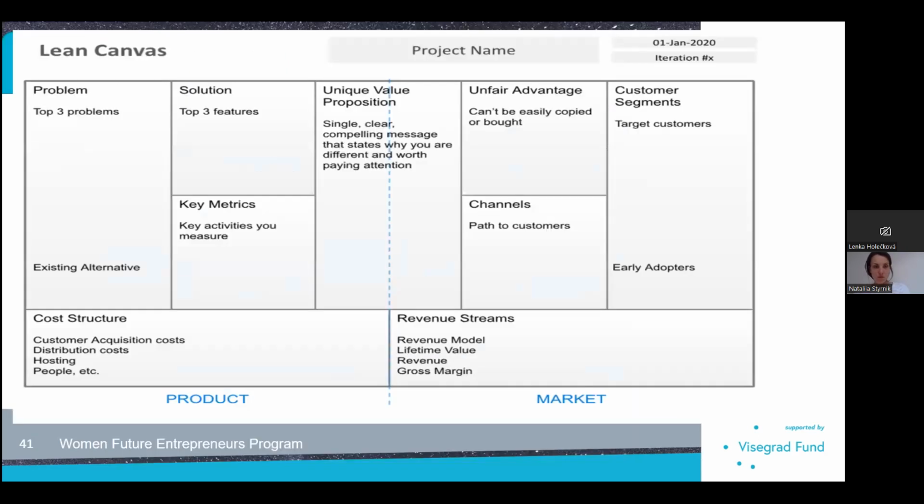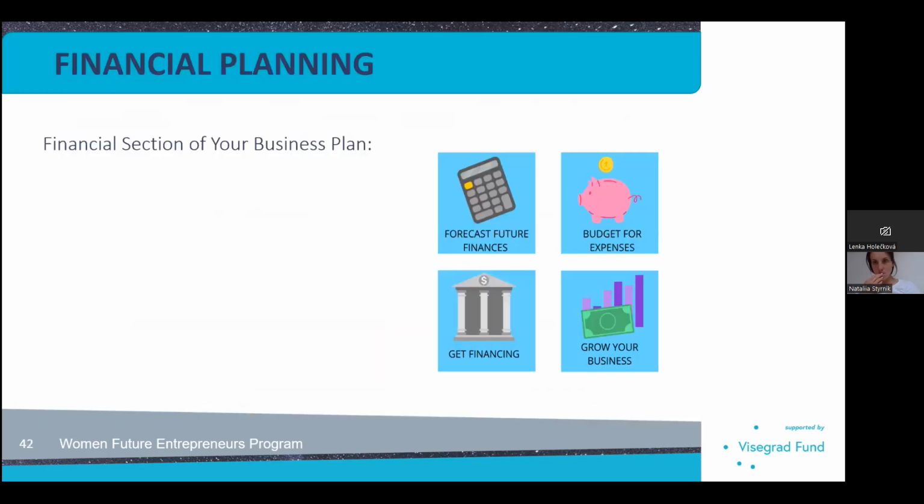But we have also lean canvas that is focused more on the problem, and its possible solution. And it's a relatively clear and simple form of your business plan.